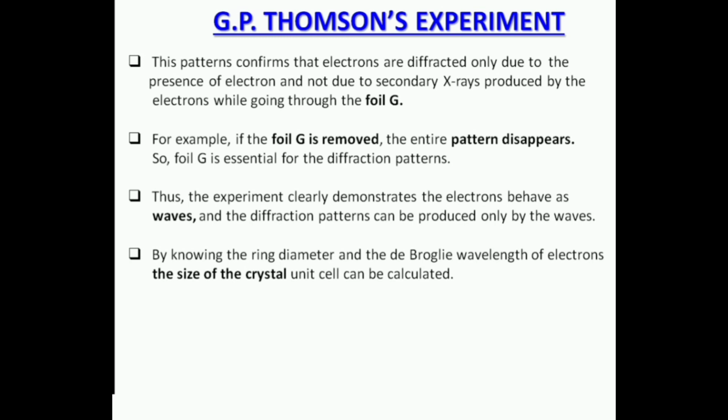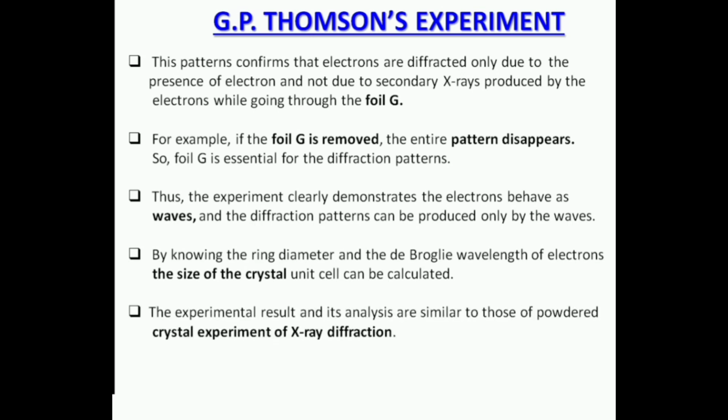By knowing the ring diameter and the de Broglie wavelength of the electron, the size of the crystal can be calculated using Bragg's law, 2d sin theta equals n lambda. The experimental result and its analysis are similar to those of the powder crystal experiment of X-ray diffraction.